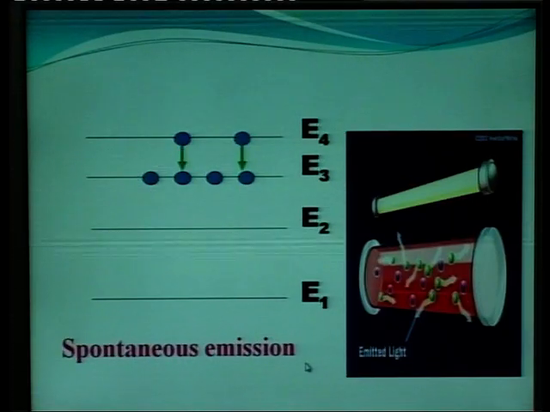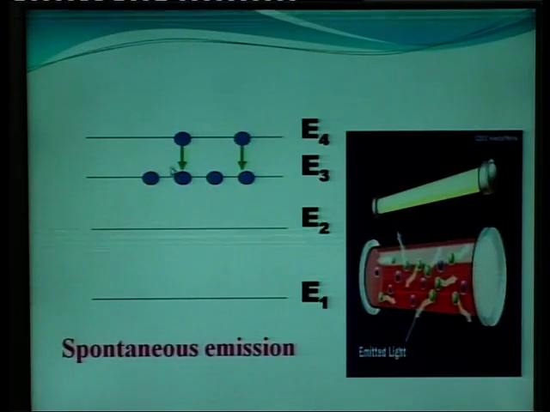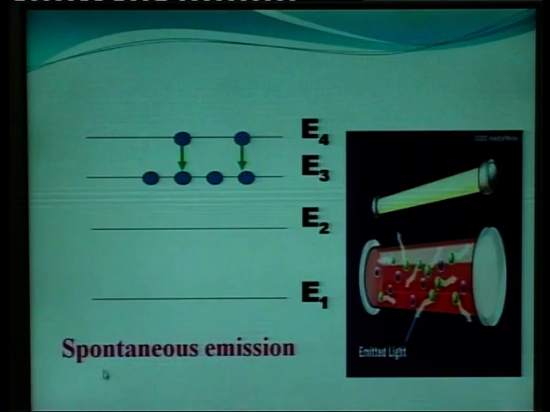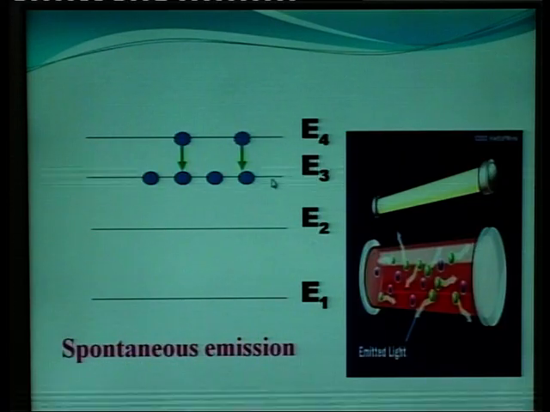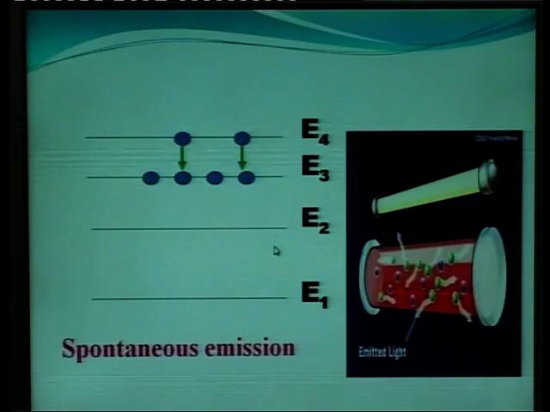Next is spontaneous emission. Spontaneous emission is always there: once the atom is excited, it will not stay there for long, and automatically it will come down to its ground level. But in spontaneous emission, the emitted photons are not coherent, not monochromatic, not unidirectional; they move randomly in all possible directions.